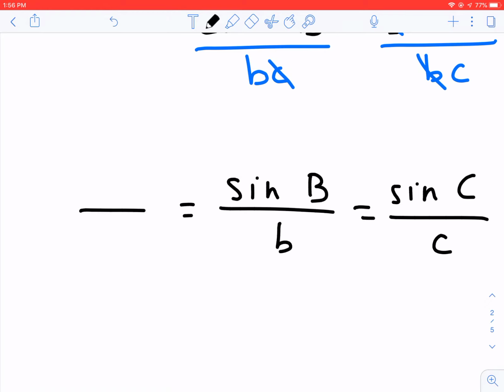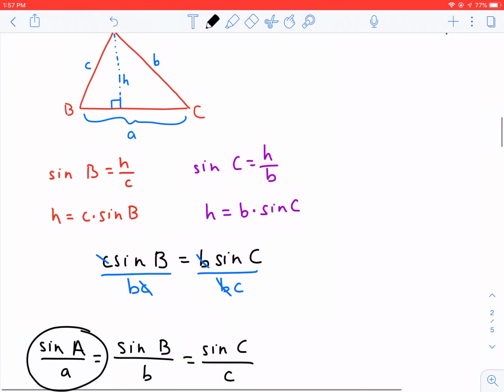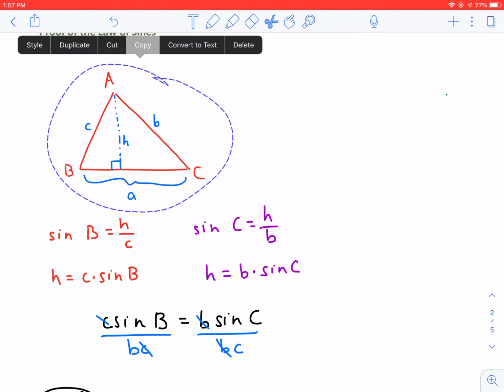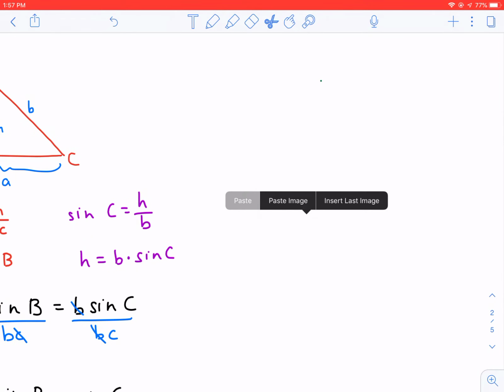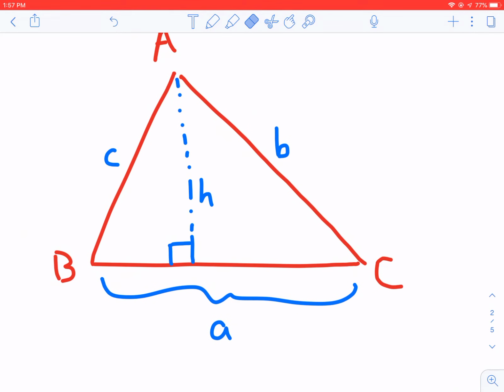And guess what I'm going to put here? That's going to be sine of A over A. We haven't shown this yet, but we could easily do that. If I copy and paste this triangle, and draw another height and do the same exact thing, we would get that third ratio.